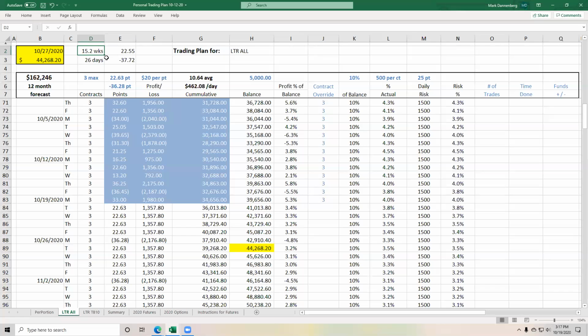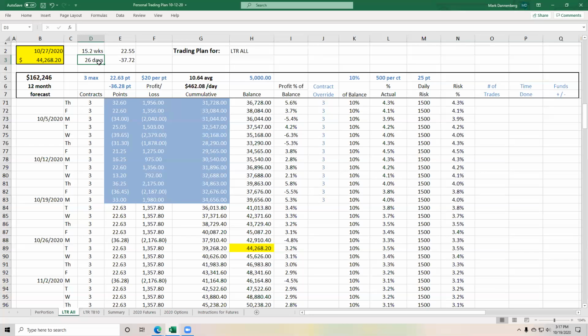The original plan, before you enter any of your performance data, when you first start out, is based on averaging 1 losing day per week. So out of every 5 trading days, have 1 losing day. Obviously, we are ahead of that, so the frequency rate of losing days is greater than the original base plan, and it is just what it is.